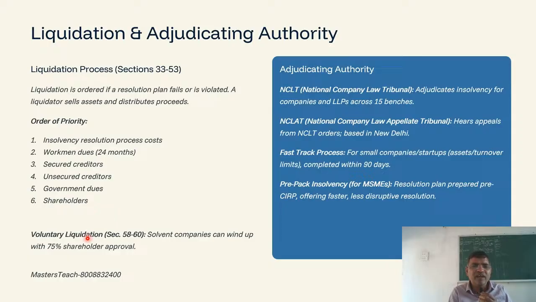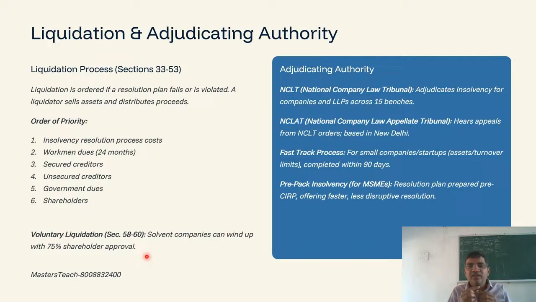These are the priorities in which the amount is paid. Voluntary liquidation, as per the Companies Act 2013, sections 58 to 60: solvent companies can wind up with 75% shareholders' approval. They can voluntarily approve the liquidation of the company. The approval must be from 75% of the shareholders.